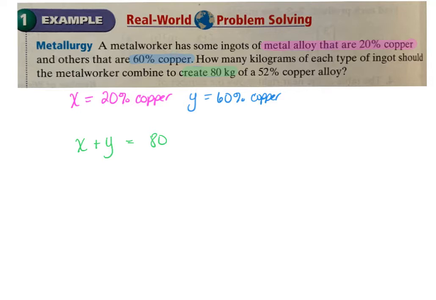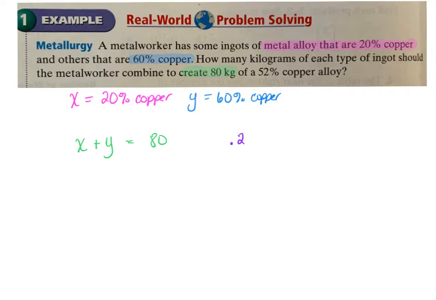Specifically, he wants 52% copper. So I am going to now look at how to create my 52% copper. I'm looking at the total mass, 80 kilograms, and then my total mass that's copper. For my first one, how much copper? Well, my X is 20% copper. How do I write 20% as a decimal or a fraction? 0.2 as a decimal, as a fraction, 1/5.